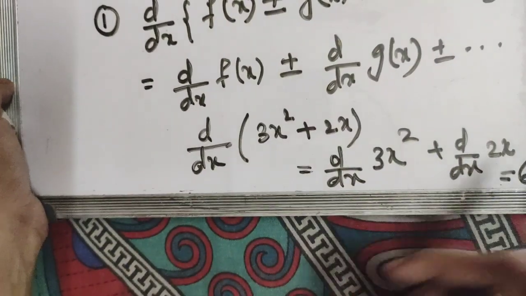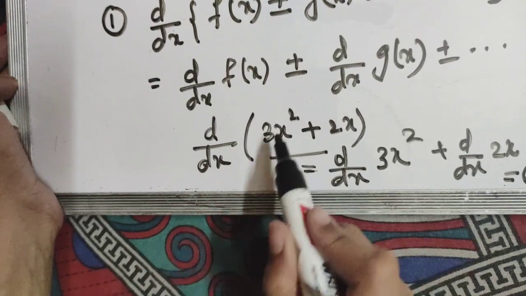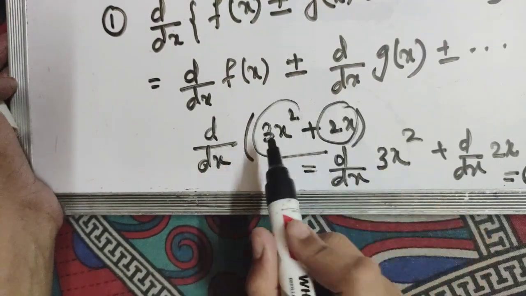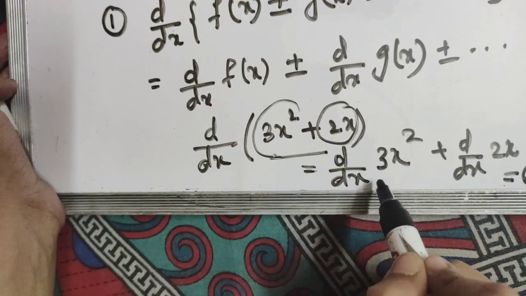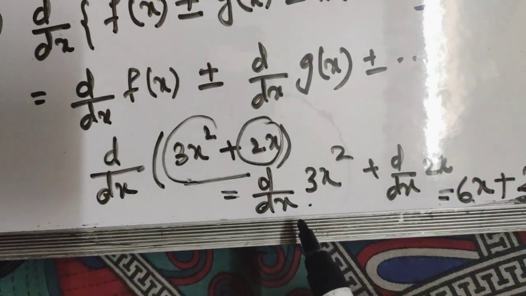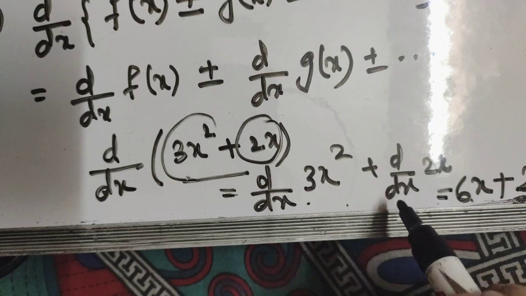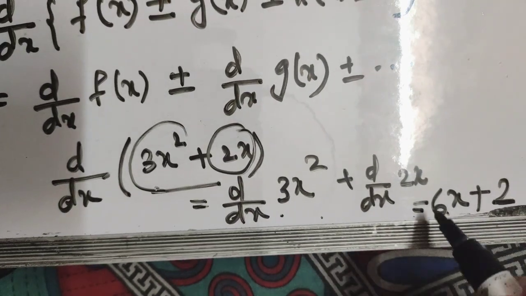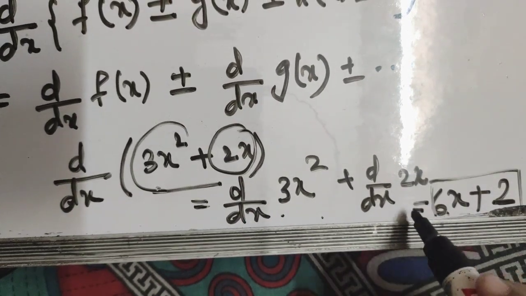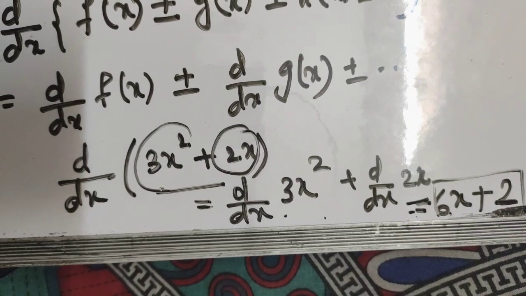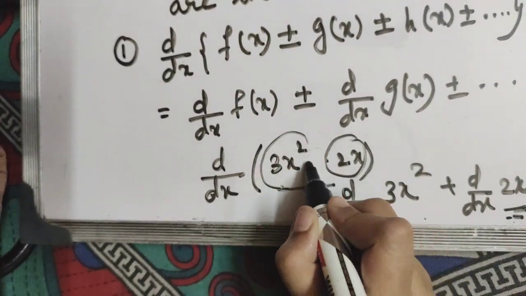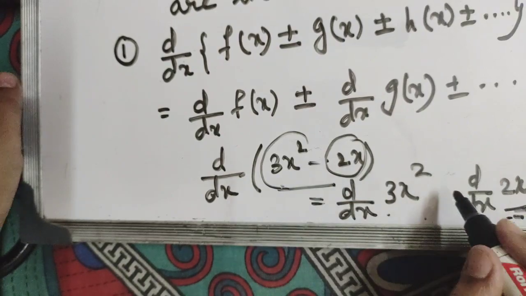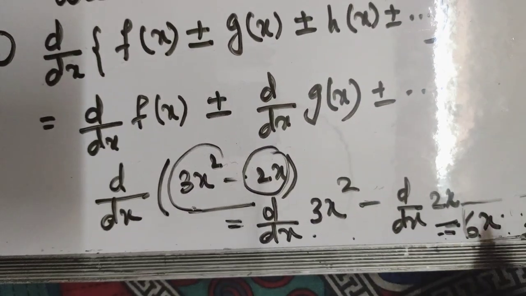Here, d/dx of 3x square plus 2x: if there are two terms, first we separate the two terms with respect to x and differentiate, that is d/dx of 3x square plus d/dx of 2x, then we add up. So the answer is 6x plus 2. And if there is subtraction, here minus, then the answer is 6x minus 2.